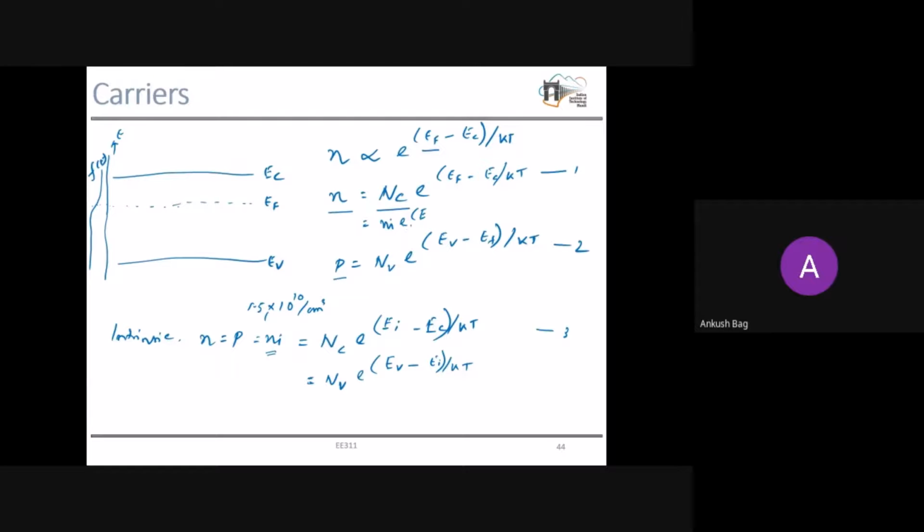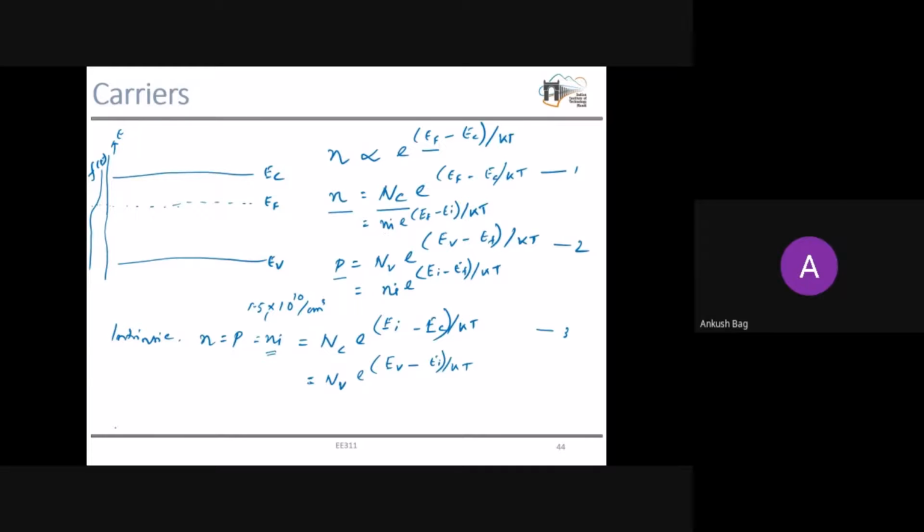This is Ni multiplied by exponential of EF minus EI divided by KT, and similarly your total hole concentration will be Ni, the intrinsic carrier concentration, times e to the power EI minus EF divided by KT.